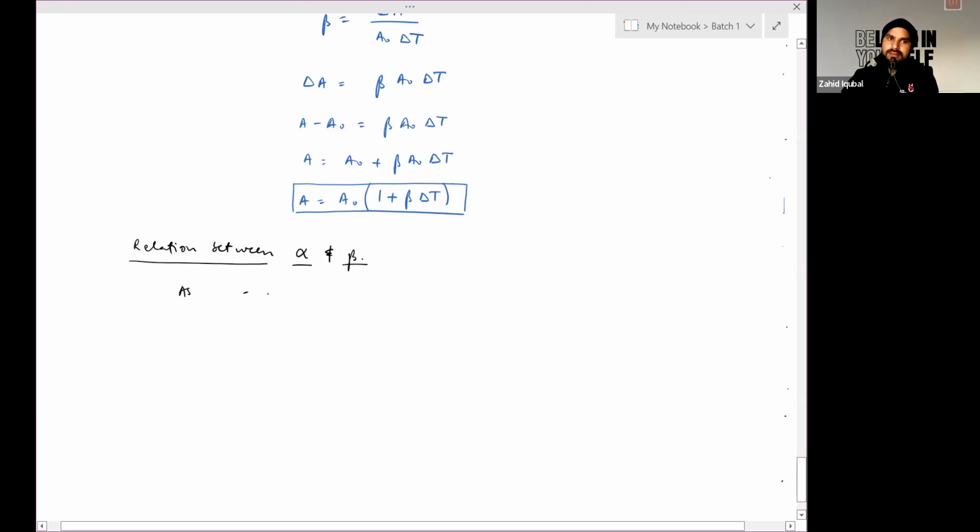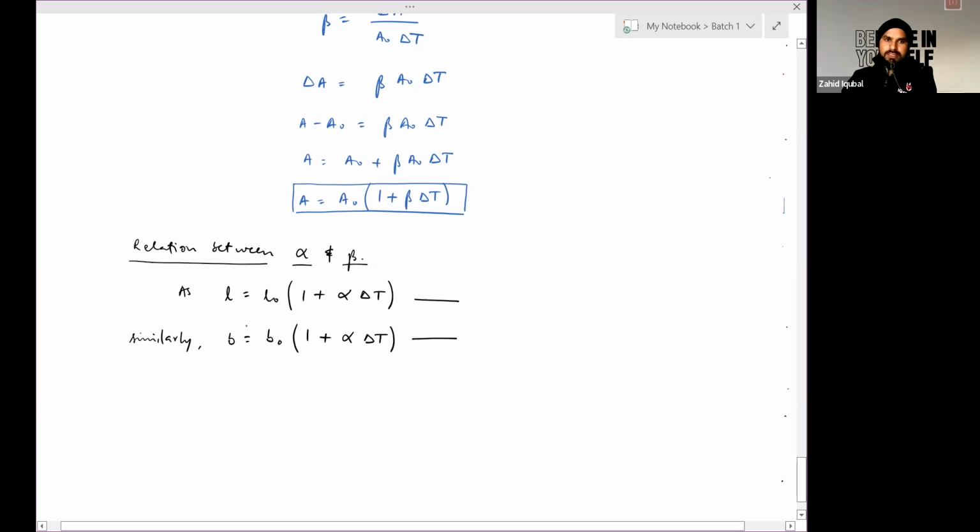length equals to L naught 1 plus alpha delta t according to linear expansion. Similarly, we may write breadth as B naught 1 plus alpha delta t.